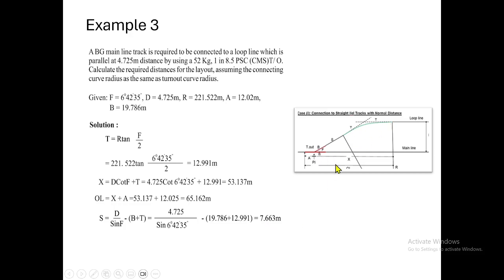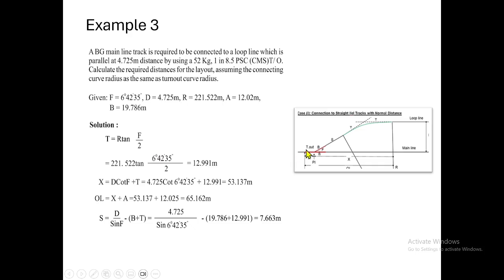So once we know that, what will we do? If the SRJ is already known, fixing the points here, from here we can measure the distance equal to the overall length. Marking perpendicularly in the loop line will locate your tangent point 2.